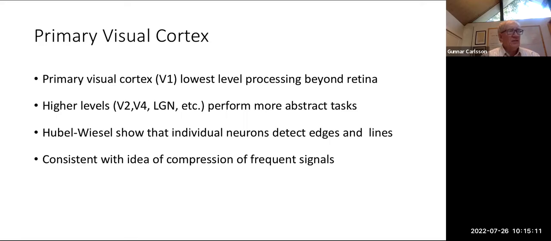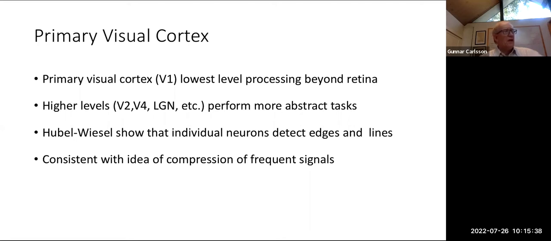And Hubel and Wiesel many years ago showed that there are individual neurons that detect edges, which go between a single edge between a black and a white region, and also other neurons that detect a white line in the middle of a black region or a black line in the middle of a white region. And this is consistent with the idea of compression of frequent signals. If you think about what we found there, we found that the lines and the edges are the most frequently occurring things.